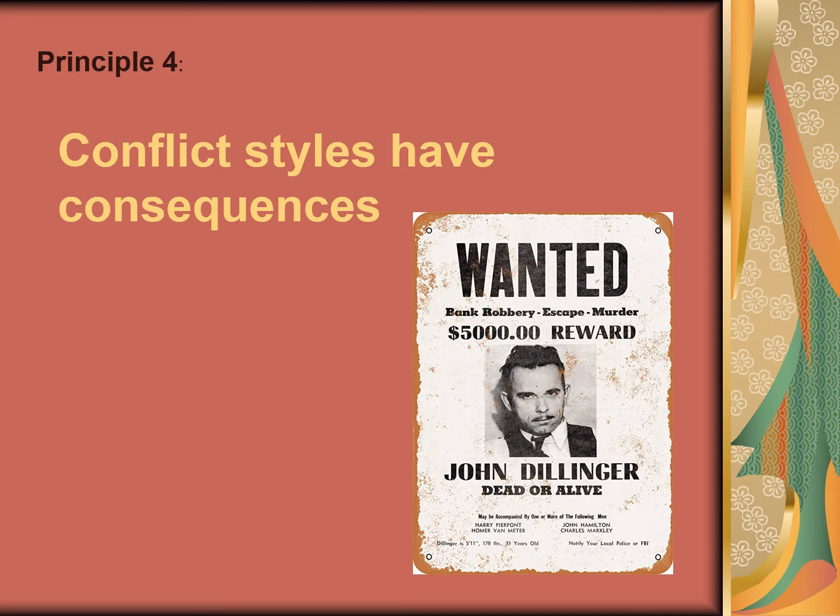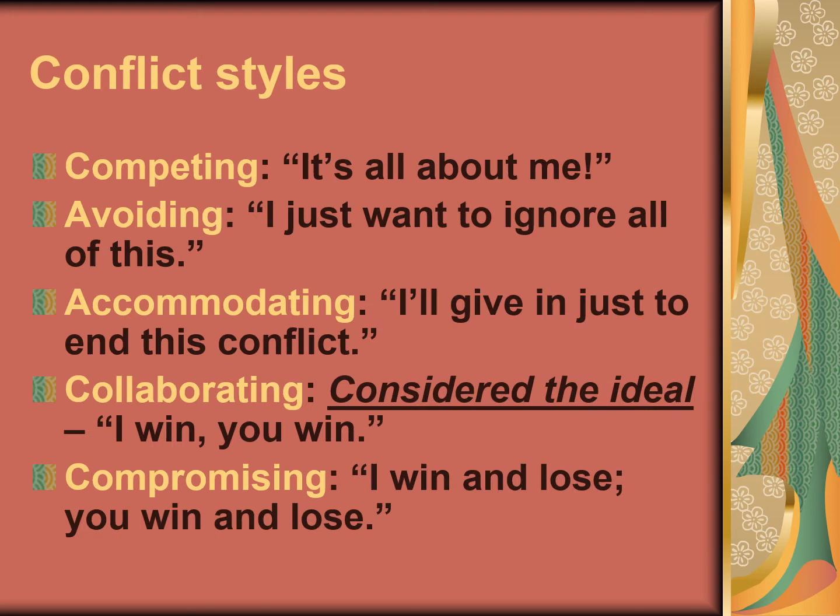Principle 4 is that conflict styles have consequences. Now, here are the 5 styles of conflict, and let's look at each one of these and I'll expand a little bit on them. The first style of conflict resolution is called the competing style.